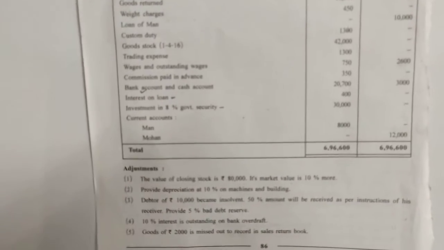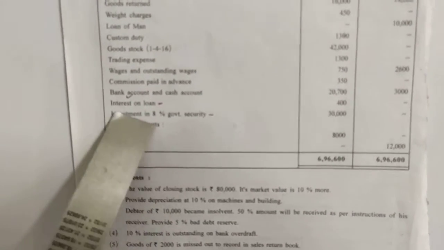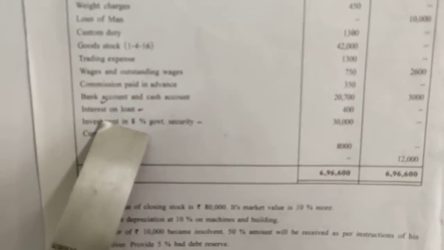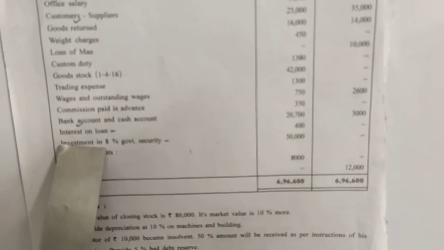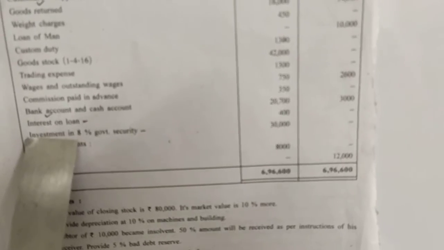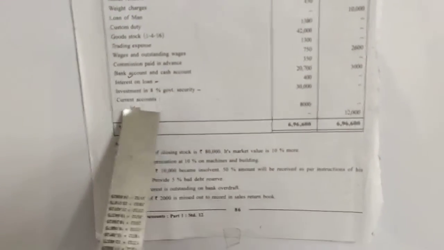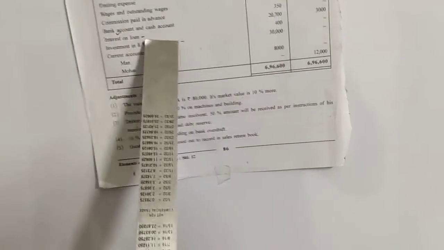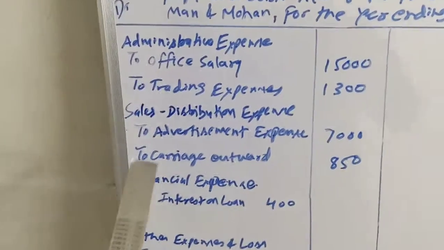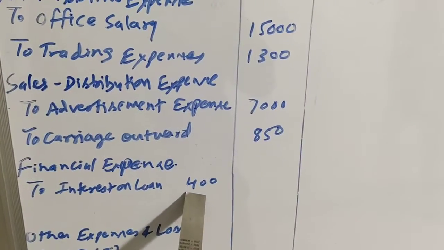Next item is interest on loan. This interest is the interest on the loan of Man. Loan of Man was 10,000. Right now this amount 400 will be recorded at the debit side of profit and loss account. So here it is interest on loan 400.